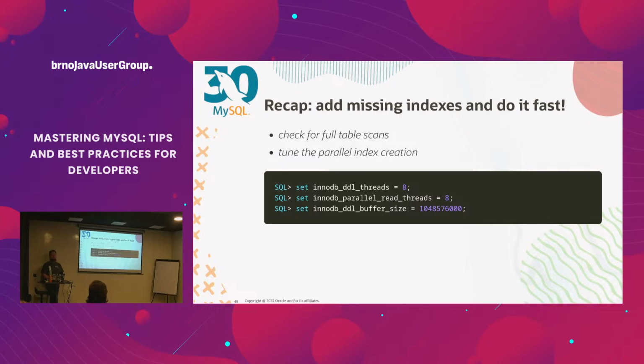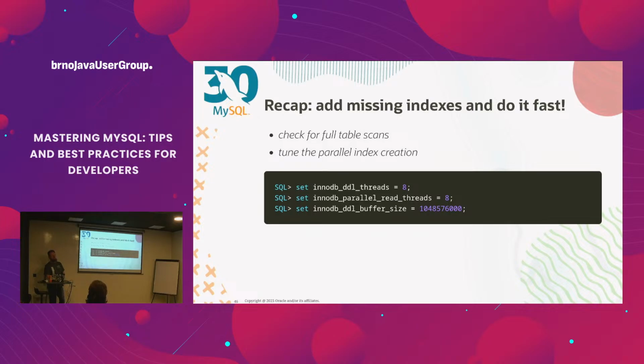Do you have questions on this chapter? Yes. You showed the last SQL that was using the full table scan. Is this information always available, or does some special logging have to be done? No, it's enabled by default. You needed to enable that in 5.6, where performance schema was not enabled by default, but now it's there by default, so you have nothing to do.